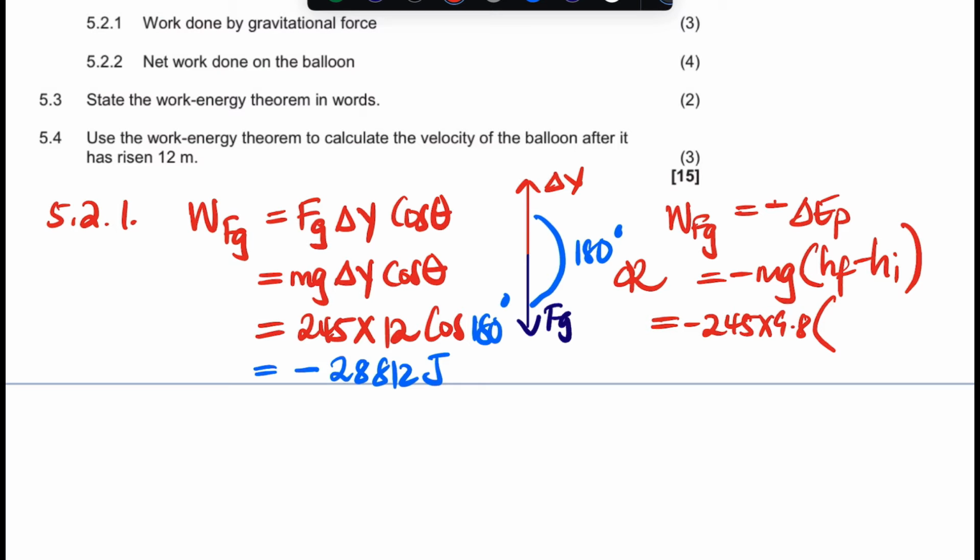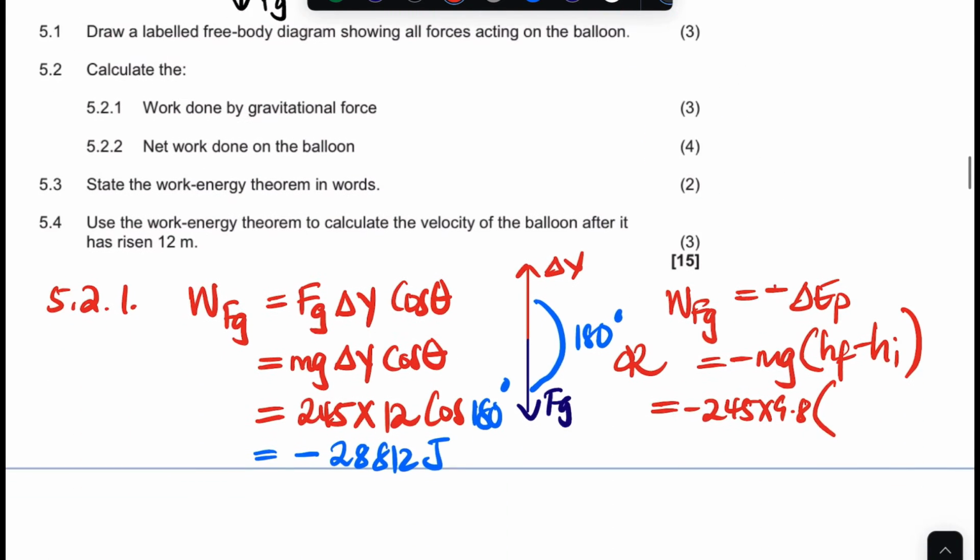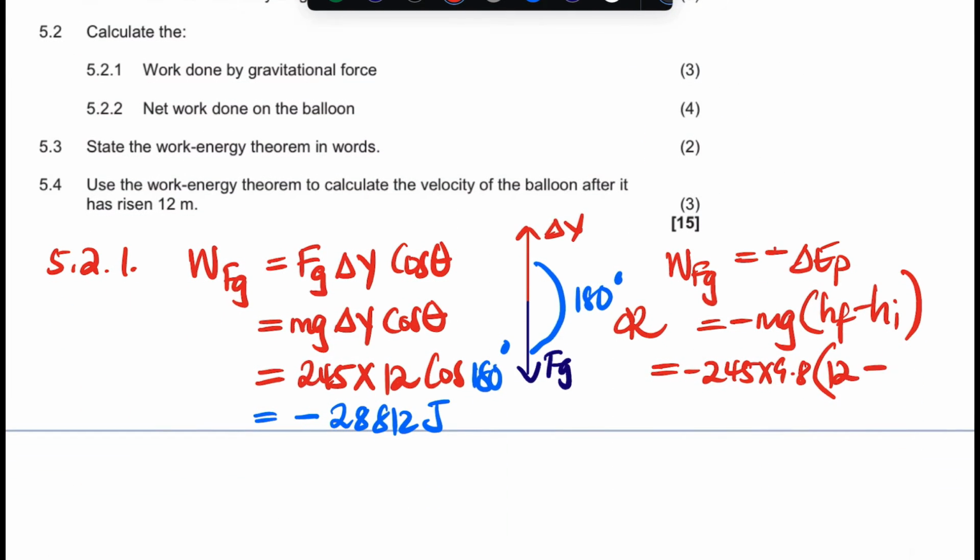And then the final height at that moment is 12 meters now. Initially, it started from the ground. The hot air balloon was on the ground, so the initial height was 0. So it would give you the same answer, negative 28,812 joules. I hope that makes perfect sense, right?